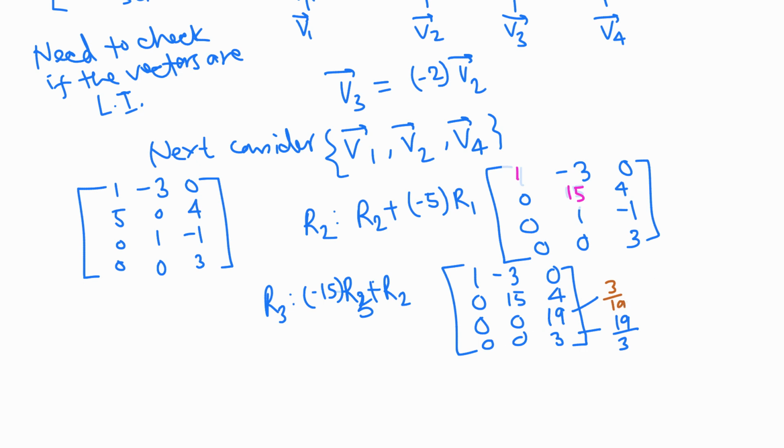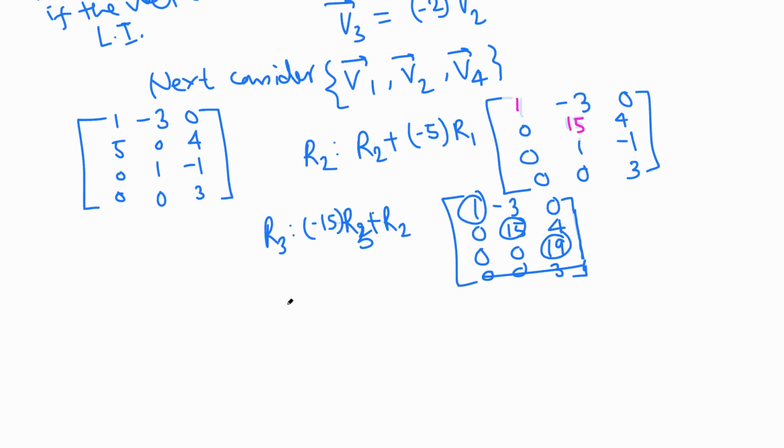In any case, we can get rid of one of the rows. That means for these 3 columns we got a pivot in each column. We were looking at 3 vectors and we got 3 pivots. That means these are linearly independent.